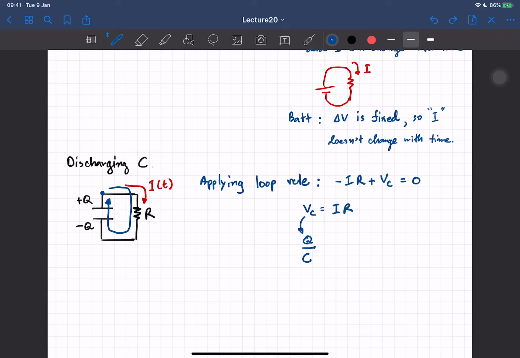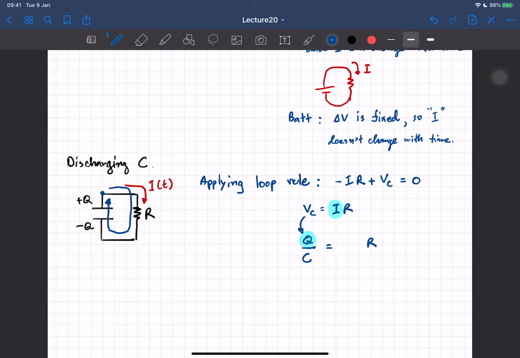And remember also that these variables that I'm highlighting with blue, these are what depend on time. These are not constant. Okay, I depends on time. Q, the charge on the capacitor, also depends on time. Okay, but R and C are fixed by the capacitor and the resistor. Okay, so on the left hand side we have Q over C, and then it has to be equal to IR.